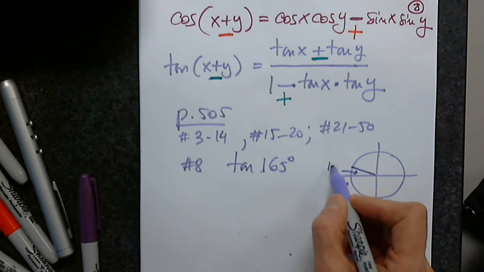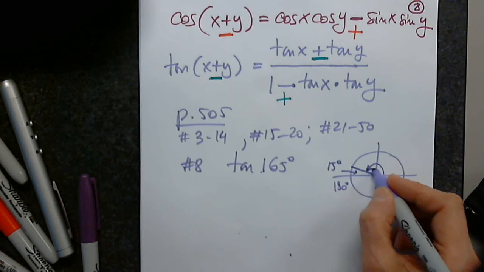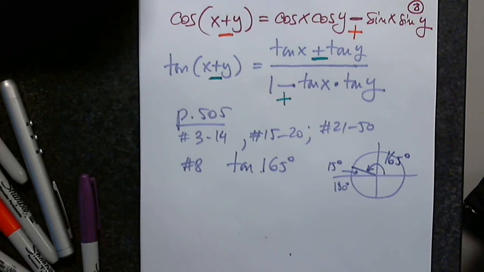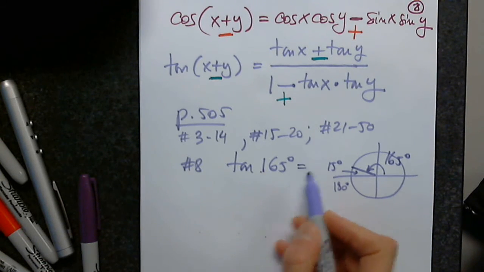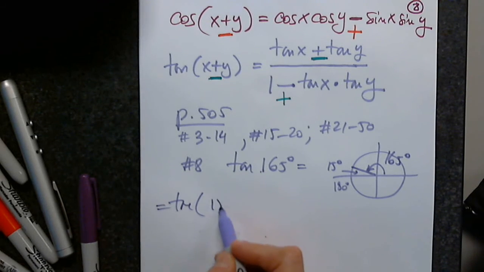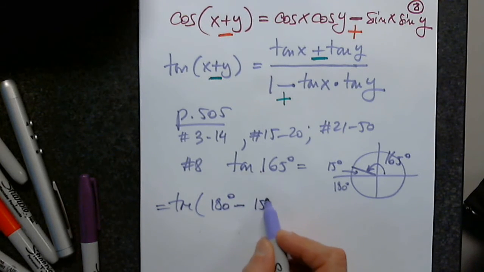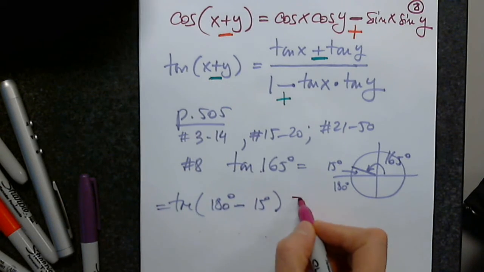So the reference angle, not that it matters at this moment, is this is 165 plus 15 is 180. I could write tangent 180 minus 15 degrees. If I go this route, I have to use the formula for the minus.